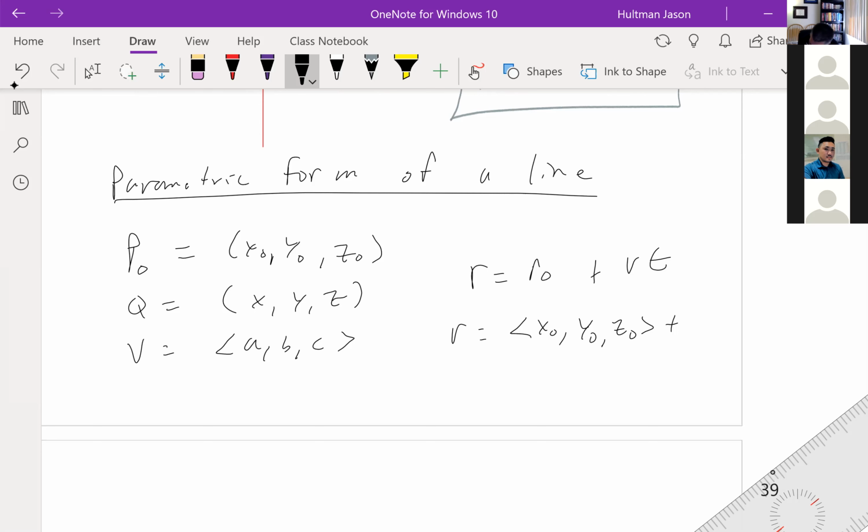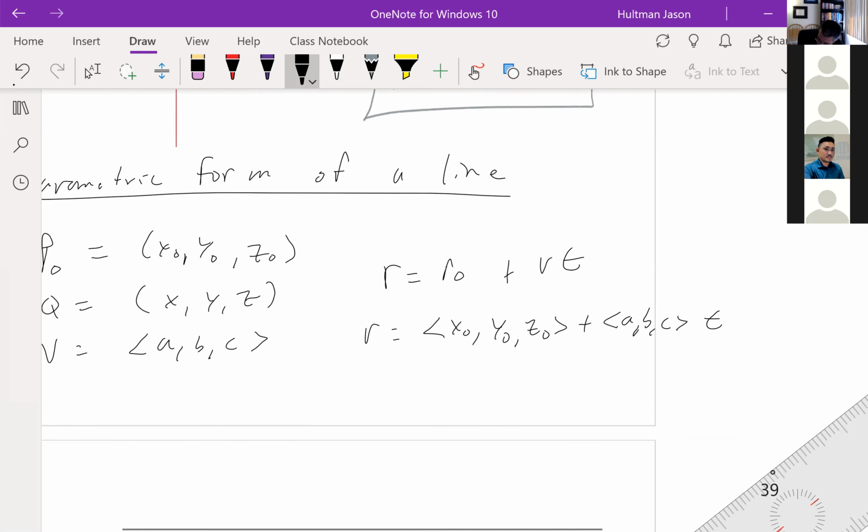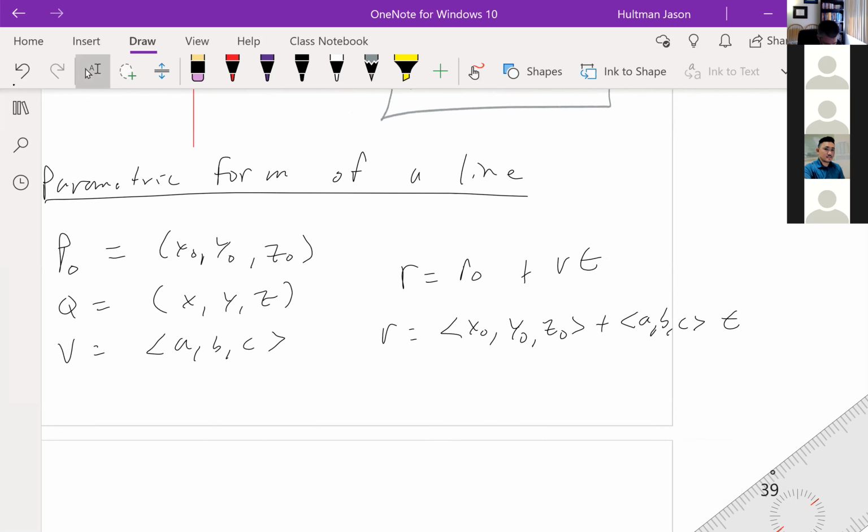What's v in this case? v is a, b, c times t. We're going to let t vary there. Okay, so now let's just do some vector calculation here. r is equal to x naught, y naught, z naught, plus at, bt, ct.